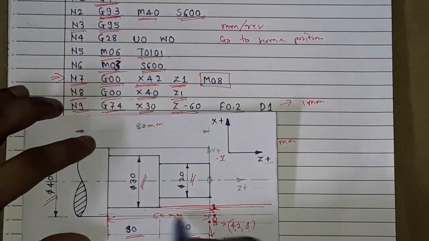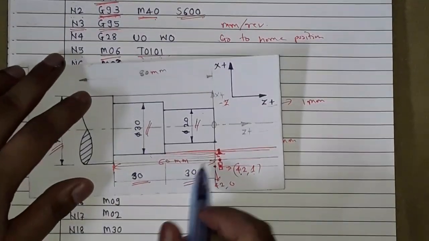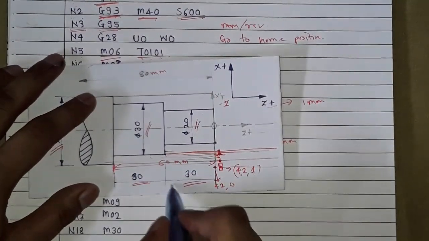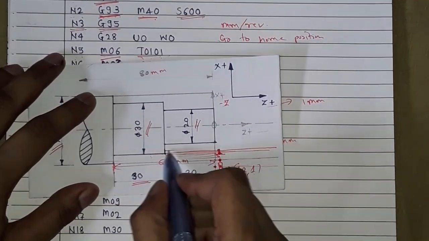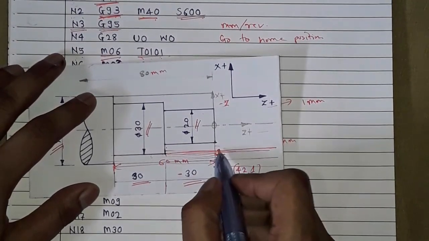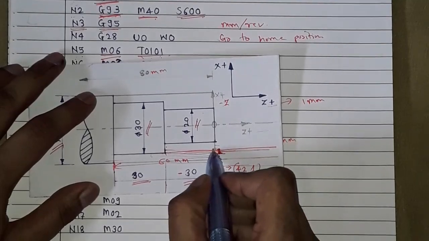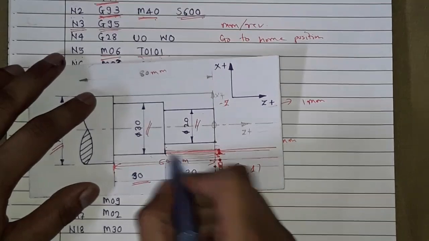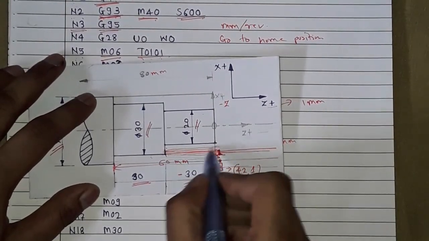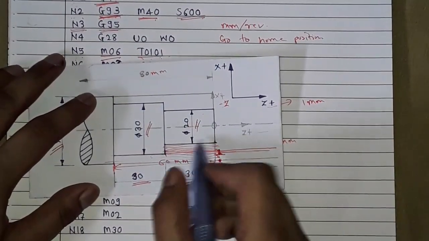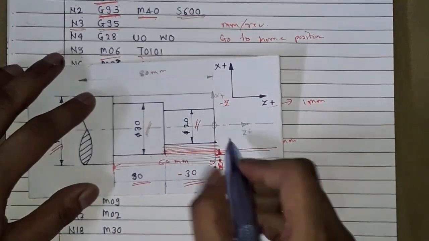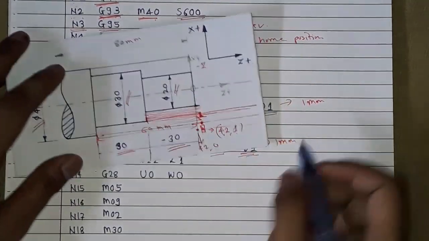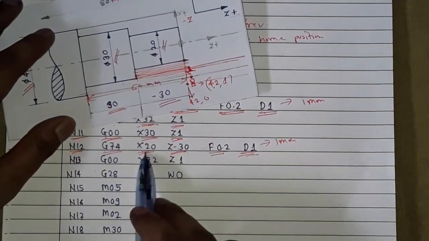So minus 30 will be up to this point. The tool will take each cut of 1 mm up to this point, until it reaches the diameter of 20, up to this 20.